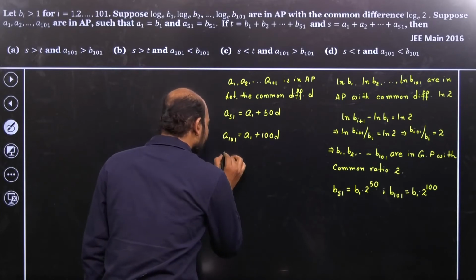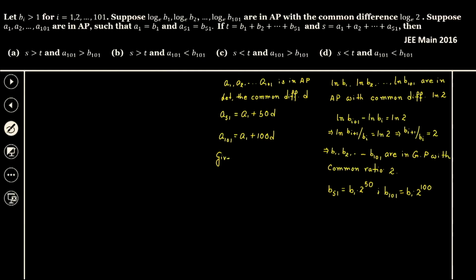So given that A51 is definitely equal to B51, what is A51? That is A1 plus 50D, equal to B1 multiplied by 2 to the power of 50. Now, as A1 and B1 are equal, which is another piece of information, we get B1 plus 50D equal to B1 multiplied by 2 to the power 50.